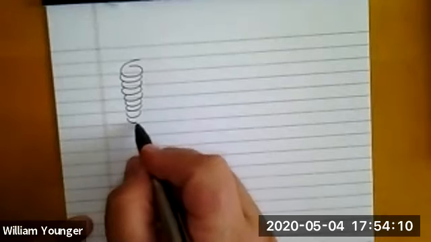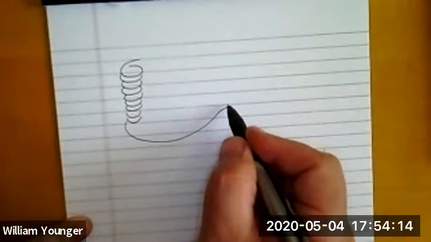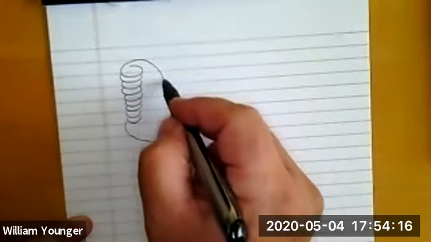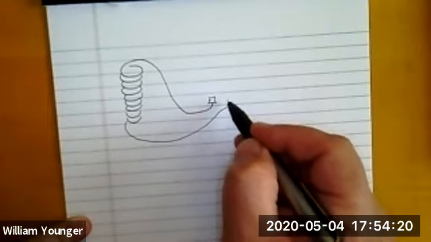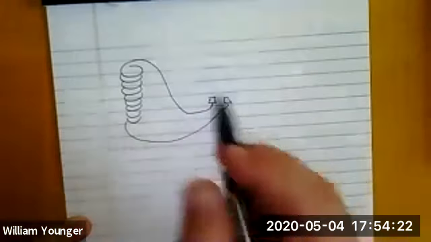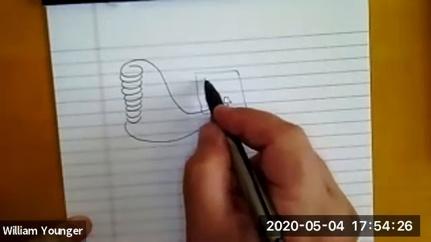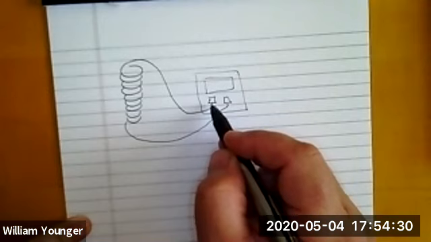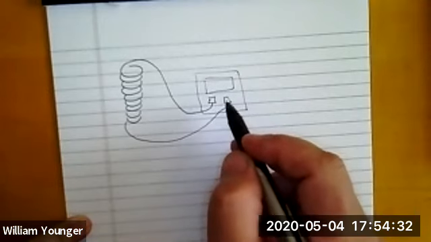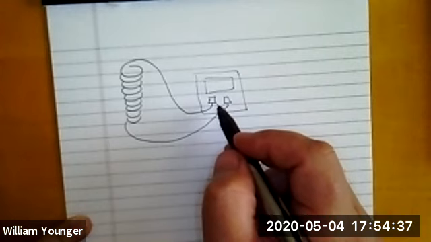And I'll take the last coil of wire, and instead of connecting it to a power source, I'm going to take the two ends of the wire and connect them to the terminals of a galvanometer. The galvanometer, you might recall, is basically a device where any current that comes in goes around a coil that's wrapped around a piece of iron, for instance.